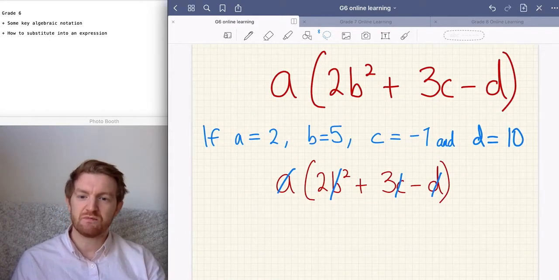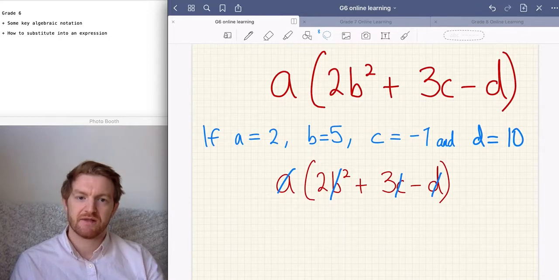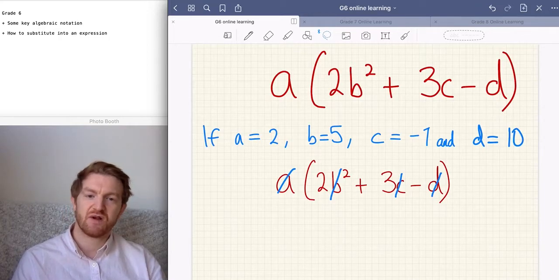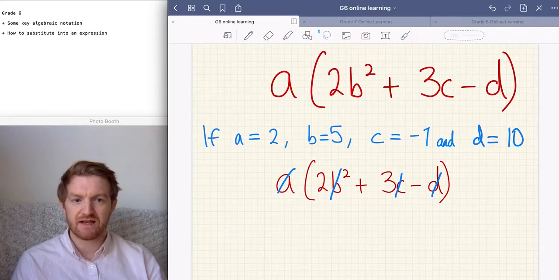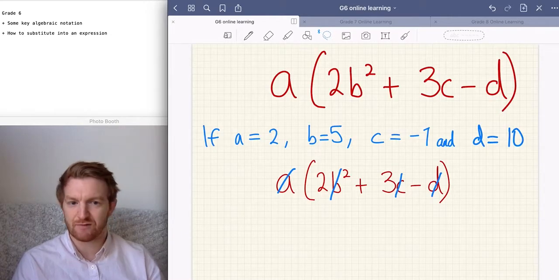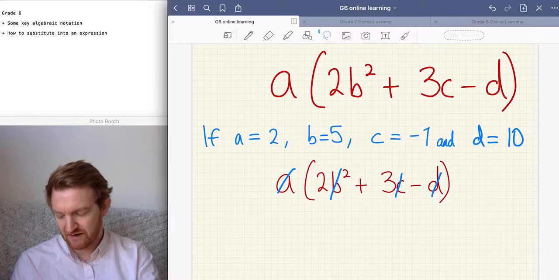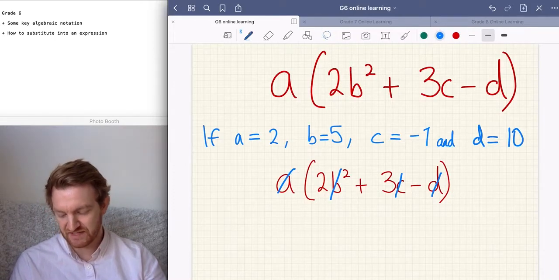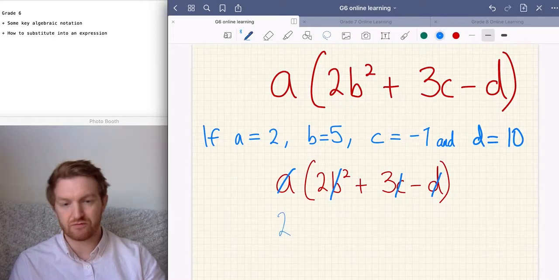We can do this with more than one letter at a time. Here we've got quite a complex expression. A, 2b squared, 3c, and negative d. What about if A was 2, B was 5, C was negative 1, and D was 10? Well, you can see I've written the expression again, and the first thing I'm going to do is just put all the numbers in. What if A was 2?